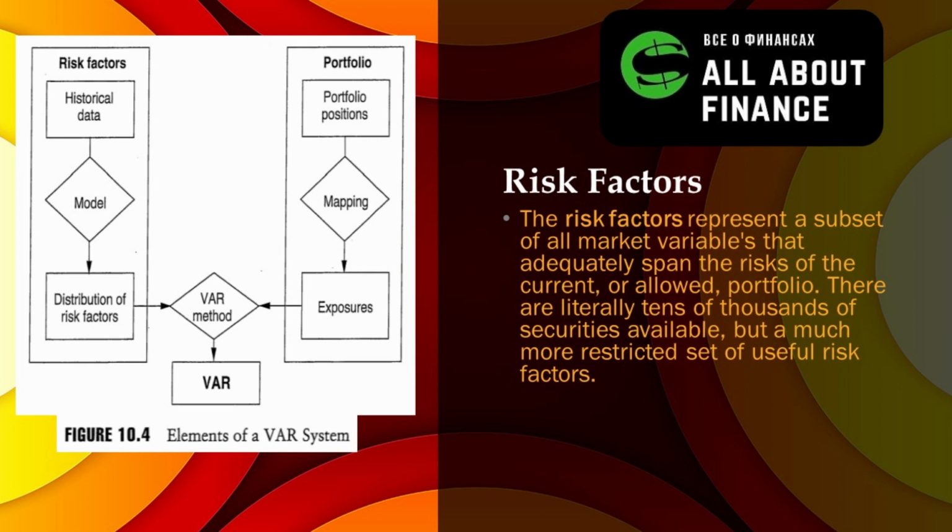Risk factors include information such as historical data, modeling based on this historical data, and distribution of risk factors. And then, what about portfolio? Portfolio consists of portfolio position, mapping, and exposure. And all of this is a part of the VAR method.